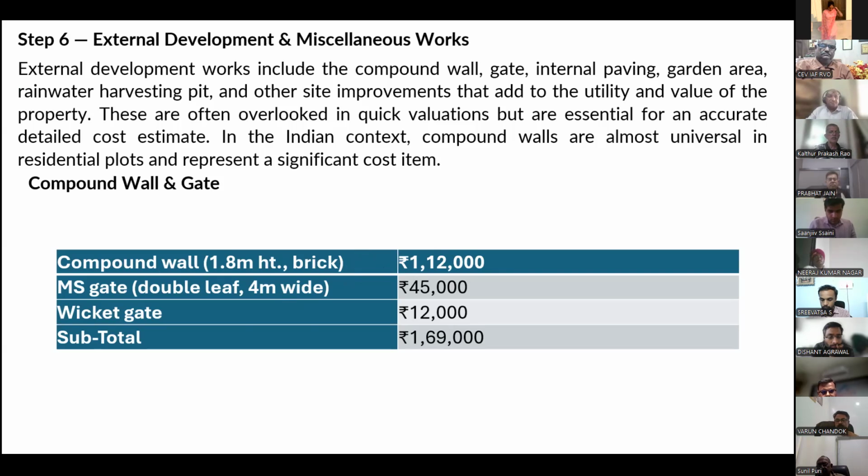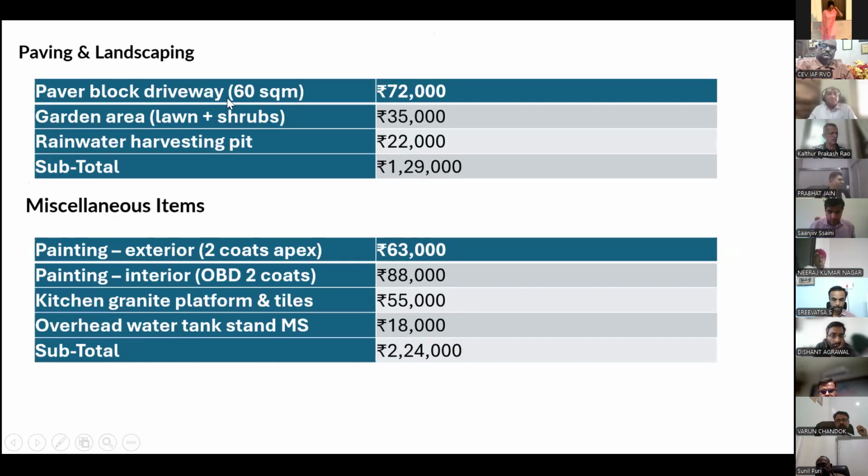Otherwise, you can calculate the quantity in cubic meter and calculate its value. Then MS gate double leaf 4.5 meter, I have taken its value as 45,000. Wicket gate, a smaller gate, also of 12,000. So subtotal is 1,69,000.